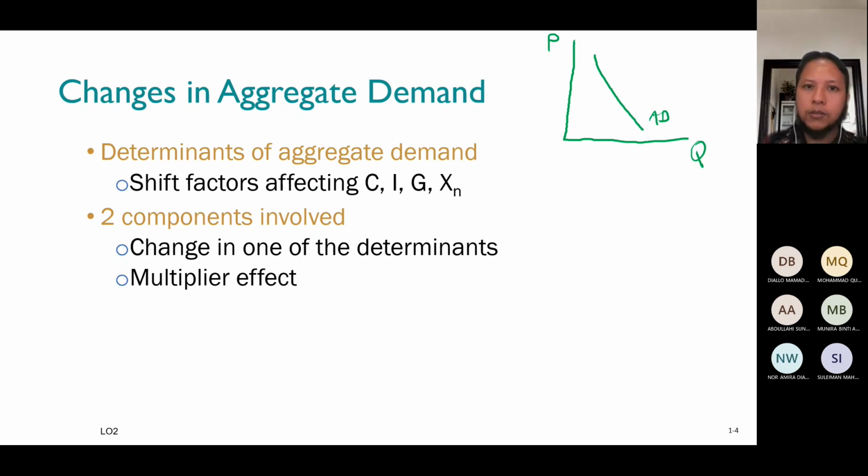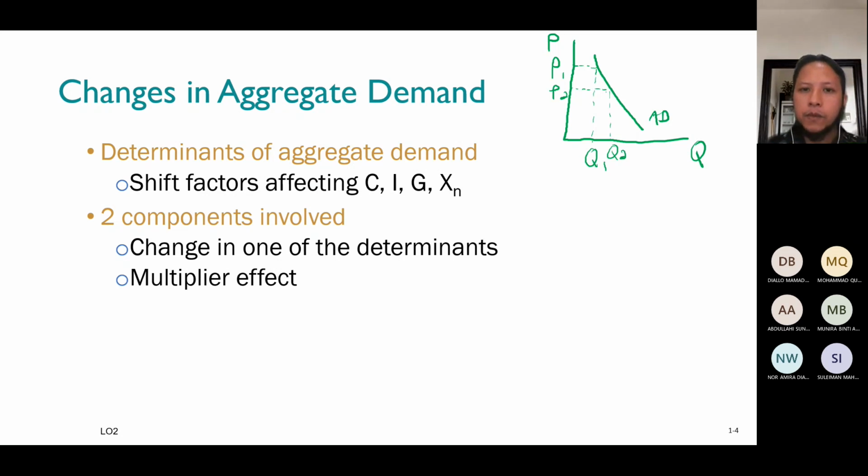Okay, so as we see here, price is high, quantity is low at P1 and Q1. The lower we go in terms of the price, P2, Q2, the higher the quantity, right? So this is just following the law of demand.